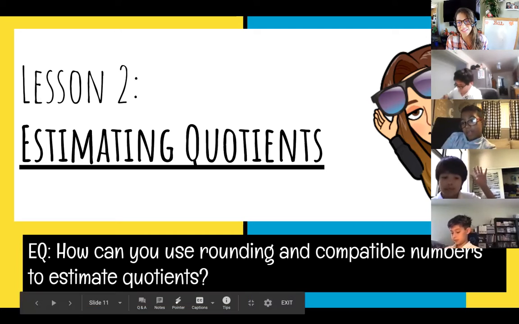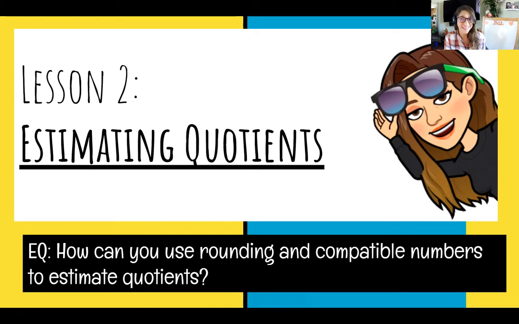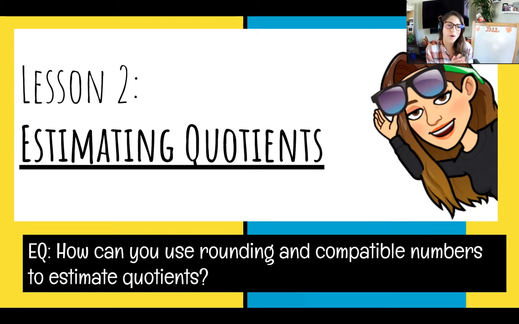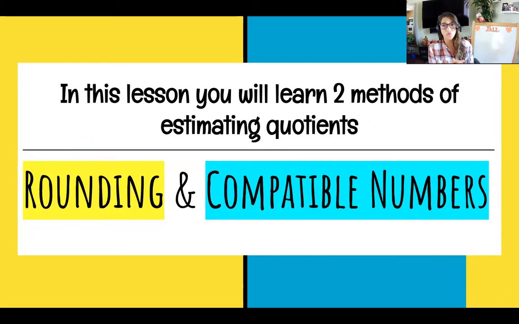Just from what we did with our multiplication. All right, that's because we've done this, right? We've done this with multiplication. So we're going to be using rounding and compatible numbers to estimate quotients. In this lesson, these are the two methods that we are going to be focusing on. They are methods that we have already used with multiplication.